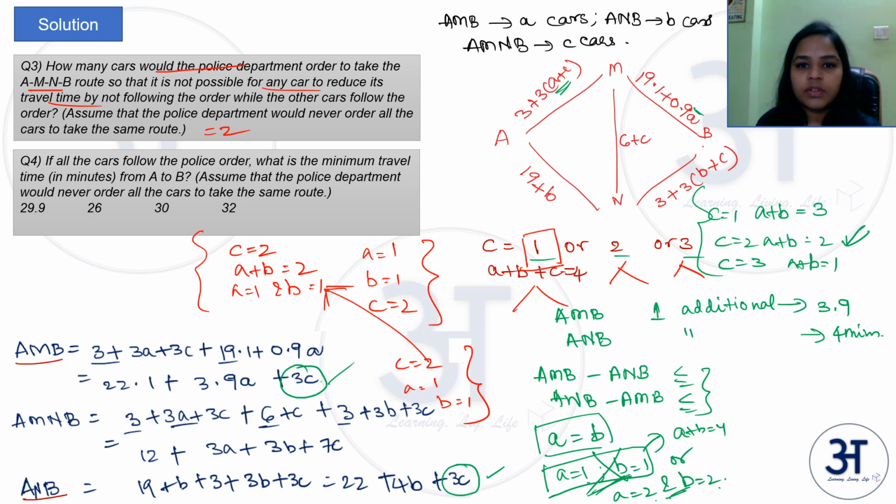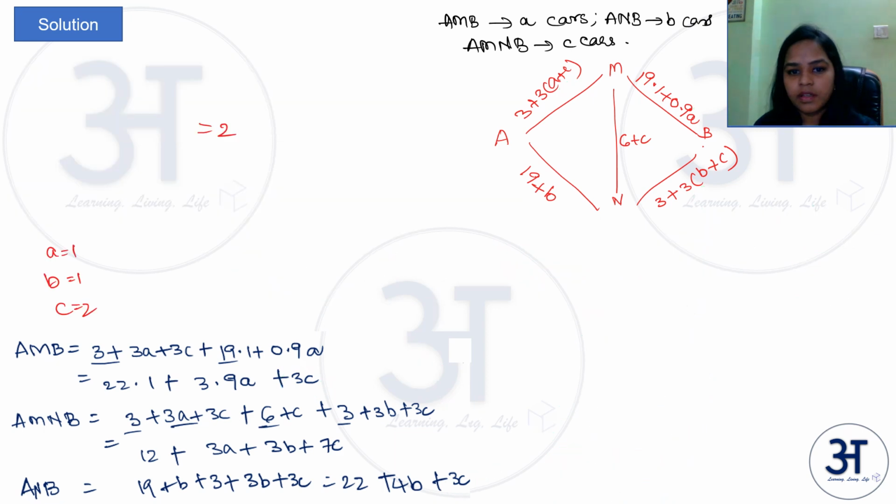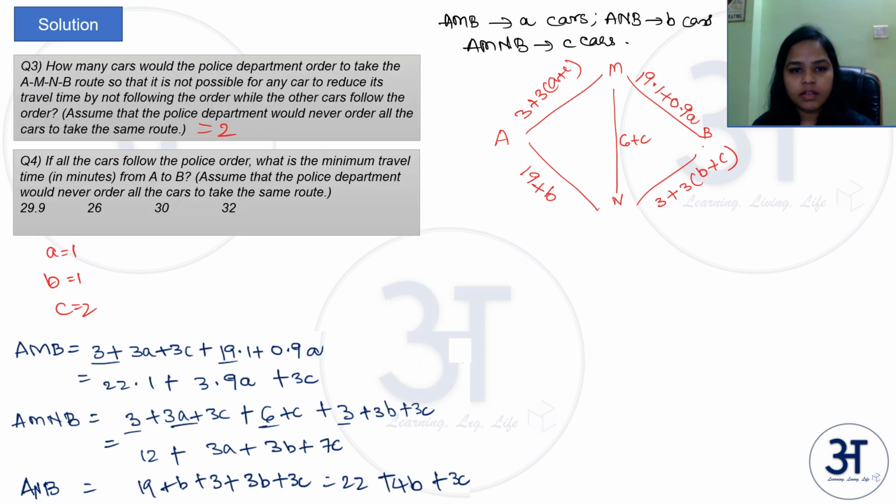So even for the fourth question, let us solve it in a separate sheet. For question 4, we know that A equal to 1, B equal to 1 and C equal to 2 is the solution. So we'll see which is the shortest route. For A and B, we get 22.1 plus 3.9 plus 6, that is 22 plus 4, 26 plus 6, 32.